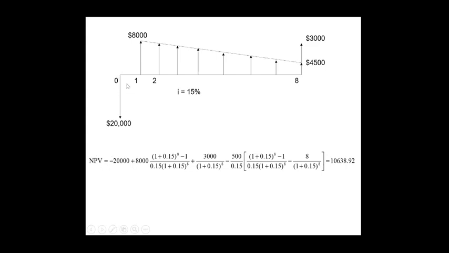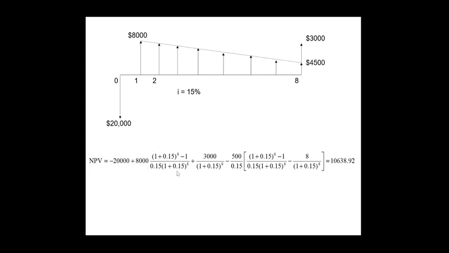NPV equals the first cost, minus 20,000. And here plus 8,000. We use this factor.